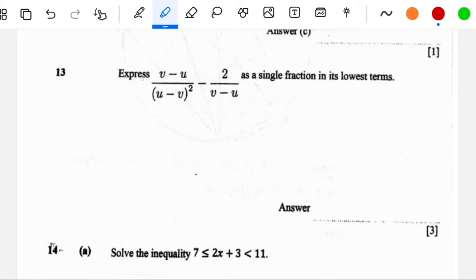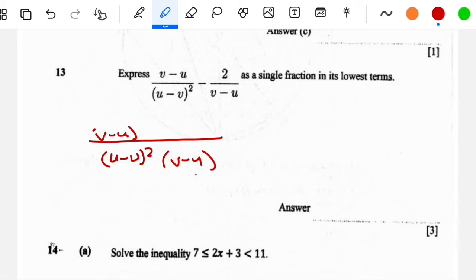Then number 13, express this one as a single fraction in its lowest term. So here I find the common denominator, which is (u minus v) squared times (v minus u). Then here I've got (v minus u)(v minus u) minus 2(u minus v) squared.